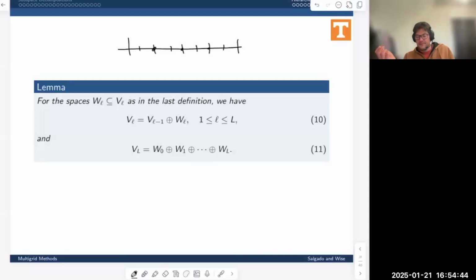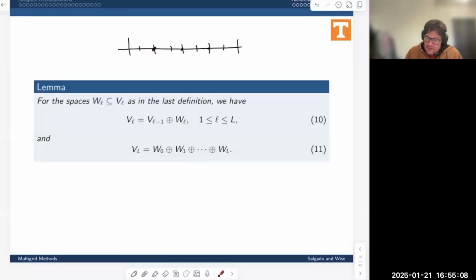Now I've got 7 degrees of freedom. All right, so now that means that the way I've created this new space is by keeping the old space and then adding in the new space, or adding these W_L space, which doesn't have degrees of freedom at these 3 points.